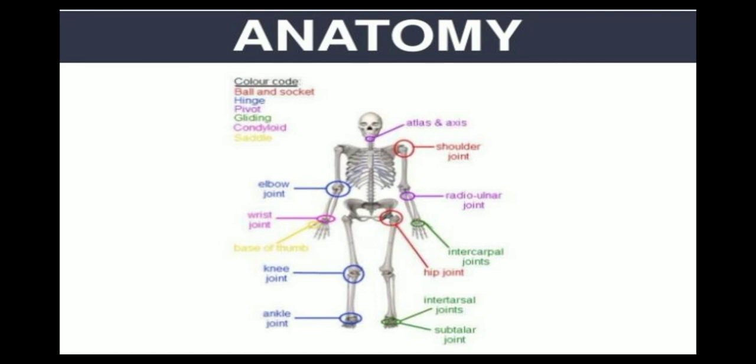It is seen in wrist joint. And saddle, it is marked in yellow color and it is present in base of the thumb, that is only one. So we can say that synovial joints are present where there is much movement in our body because synovial joints allow more movement as compared to other parts of the body.